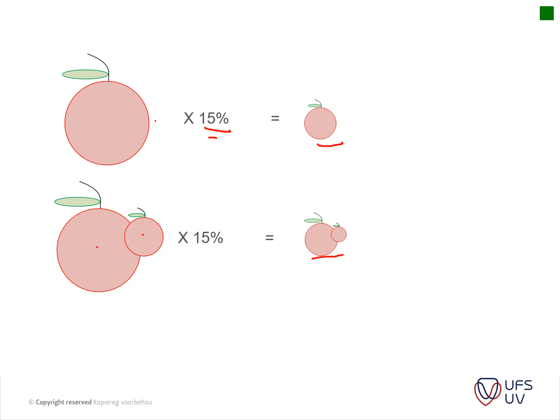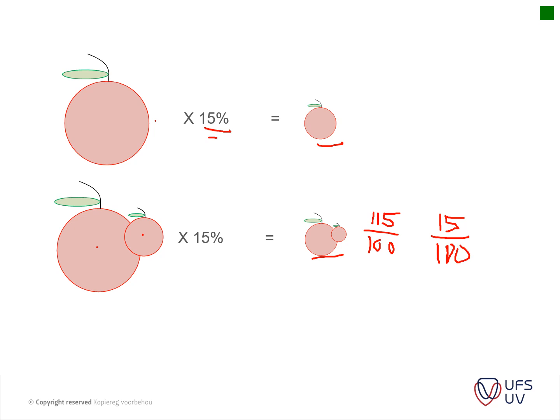I think on the next slide it's illustrated nicely, but what you have here is an answer of 115 over 100, and not 15 over 100. That's a very important thing to remember.